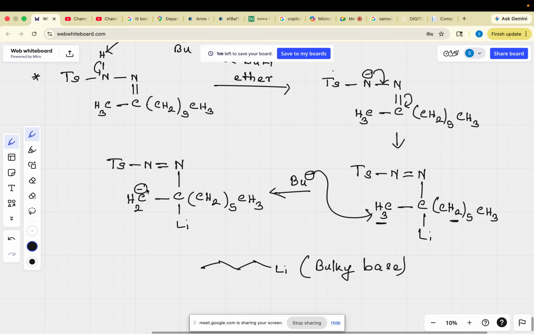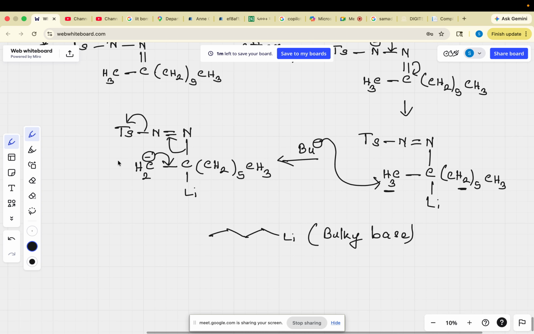So what will happen next? This CH2 minus will push its electron to this bond, and this nitrogen bond will break. Nitrogen gas is released, and tosyl is a good leaving group, so it is also leaving from this compound.